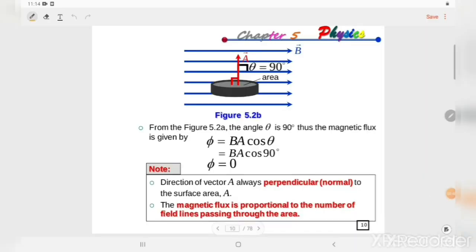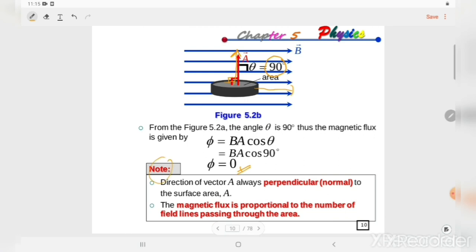But from figure 5.2, since the plane of the area is parallel to the magnetic field, the vector of area, which is perpendicular to the surface of the area, makes an angle of 90 degrees. Based on the formula of magnetic flux, BA cos theta, when the angle is 90 degrees, the flux in this case is equal to 0.